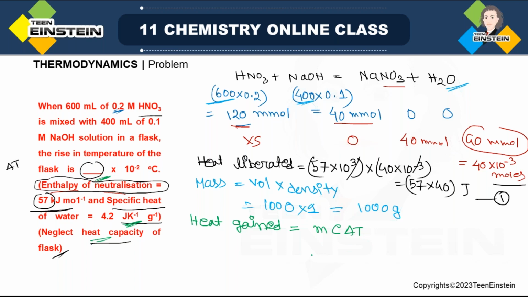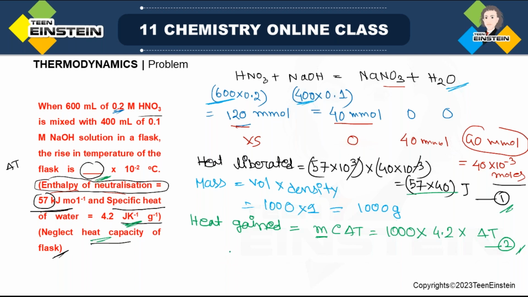So per gram it is 4.2, but what is the total mass? It is 1000. So you will write 1000 × 4.2 in joule, and delta T. Suppose this is equation 2. So equation 2 is equal to equation 1. So m c delta T is equal to 57 × 40.